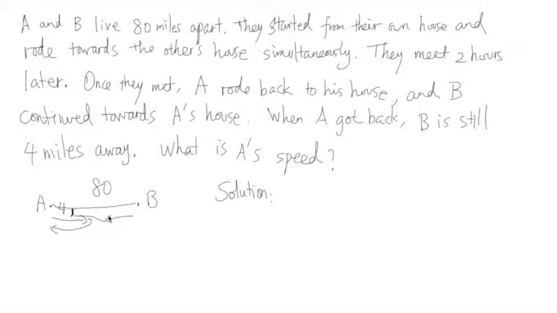Okay, so what we do know is the distance that B traveled, because B traveled all the way until 4 miles away from A. So we know the distance B traveled is 80 minus 4 equals 76.